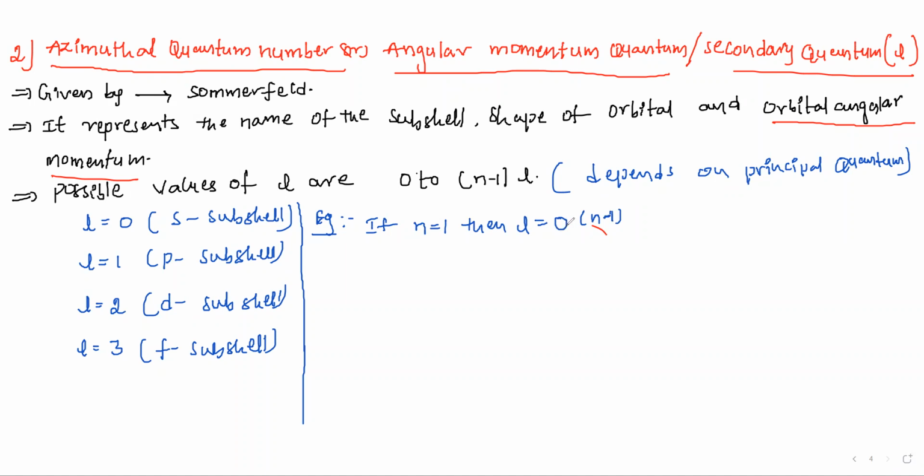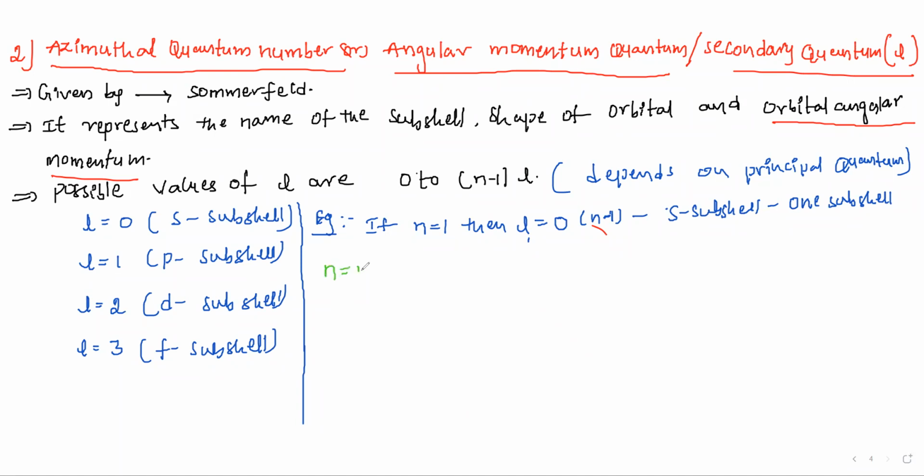If L is equal to 0, it contains S subshell, and that too only one subshell present in first shell. Only one subshell.